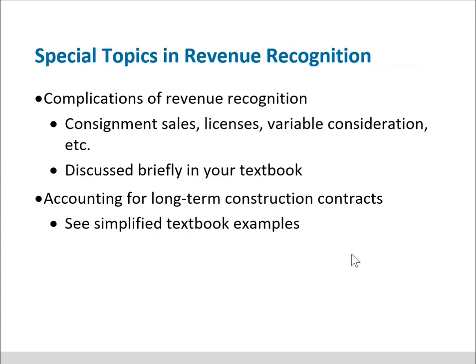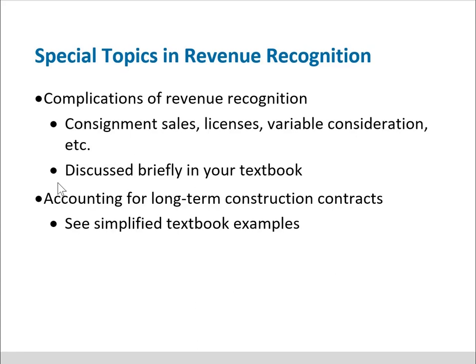Well, what you've just heard is a fairly brief overview of the basics of revenue recognition. There are, of course, many complications in this area. Some of the complications are actually discussed briefly in your textbook. You'll see a section that includes things like consignment sales, licenses, variable consideration, and a few other items.